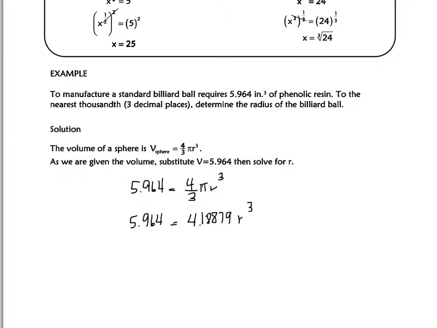And if I want to get r cubed by itself, so I want to isolate the r cubed, I would divide both sides by 4.18879.